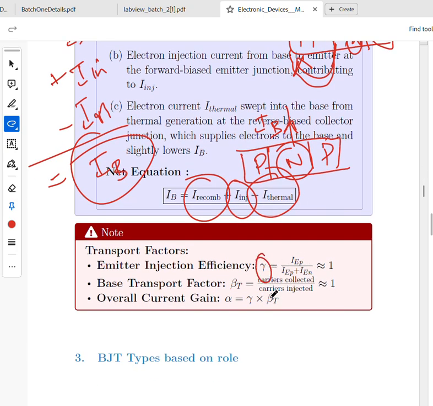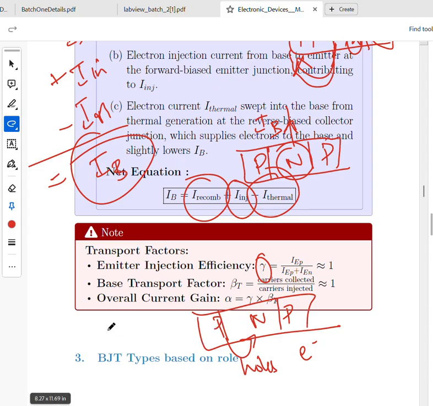You don't have to worry about injection efficiency. It basically tells the amount of holes the PNP junction is transferring. Now this can transfer both holes and electrons. Why? Because in a PNP junction, the P mostly transmits holes, but a BJT can transfer both holes and electrons, right? So if it transfers electrons, then the emitter injection efficiency is less, but usually it is one, which means the amount of electrons it's transferring is negligible.